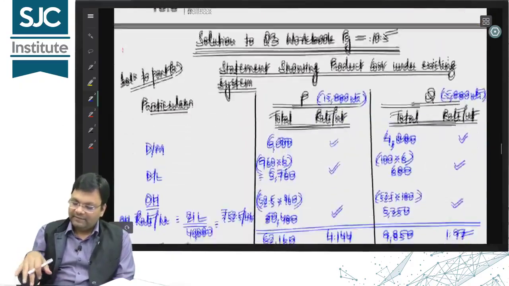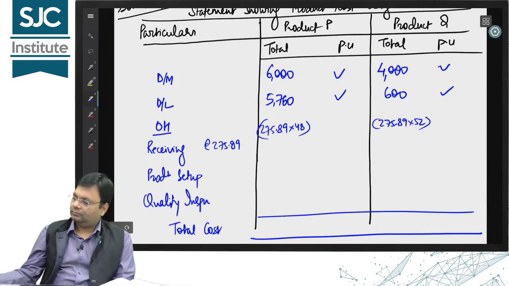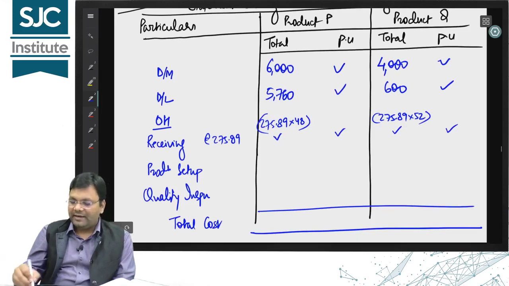So multiply by 48 and 52. You can write your answers, I am not asking. Okay, you can divide by units to find out per unit also.